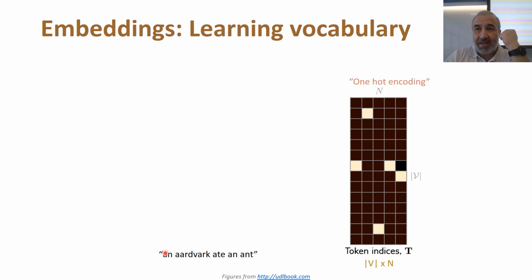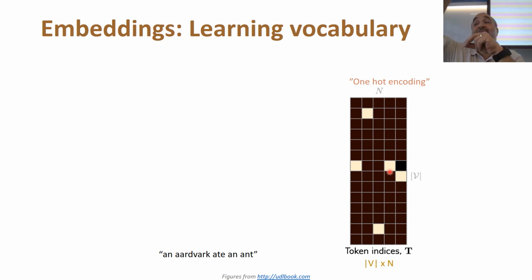The word an, let's assume that it has an index 1, 2, 3, 4, 5, 6, 7, 8. So the vector for an is all zeros except 1 in position 8. You can see that even here, because an appeared twice, the other an also has the same representation. This is called one hot encoding. Everything is 0 except just 1.